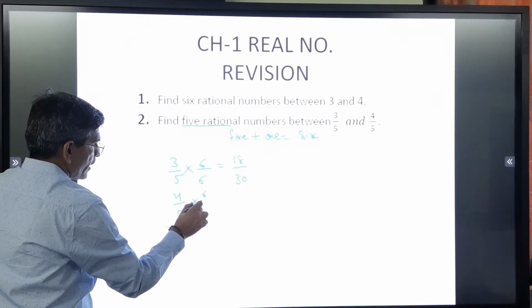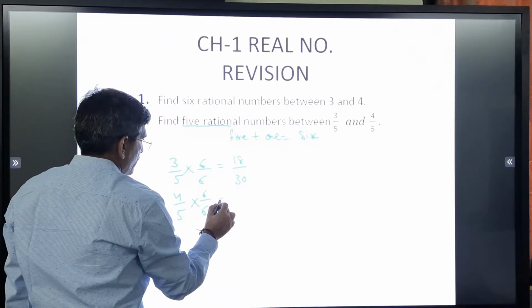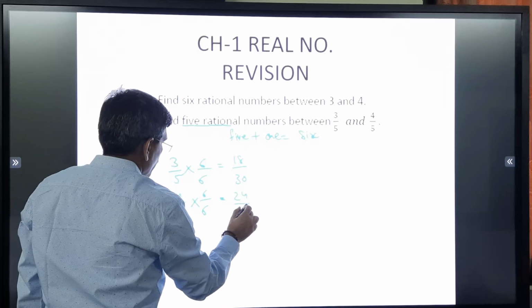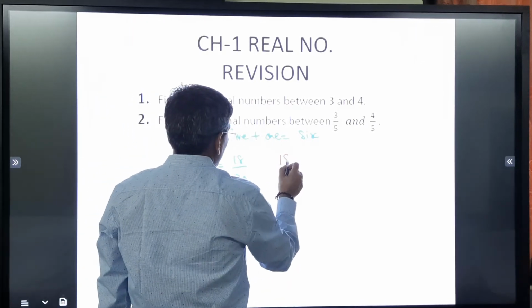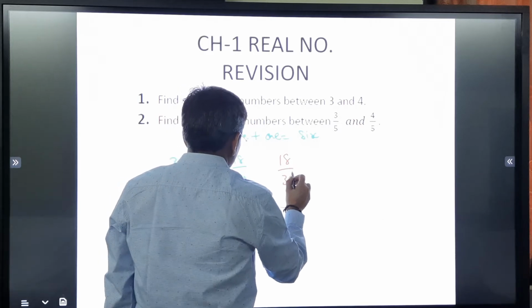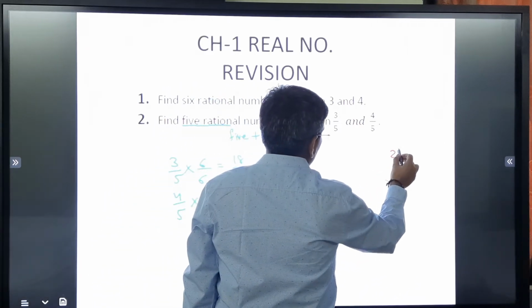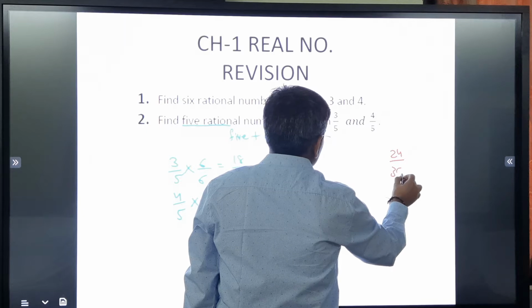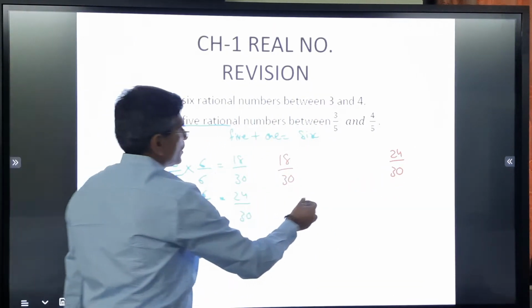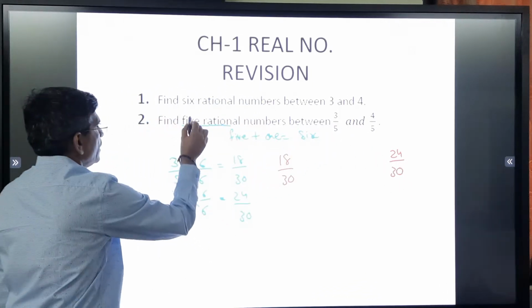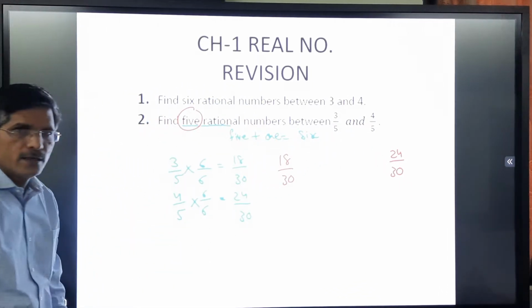Again multiply numerator and denominator by 6. That is 24 upon 30. So between 18 upon 30 and 24 upon 30, these are the 5 rational numbers.